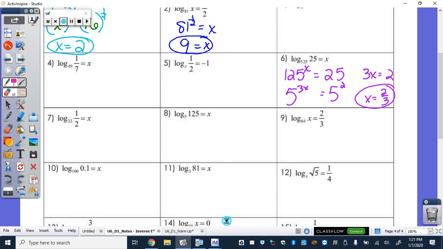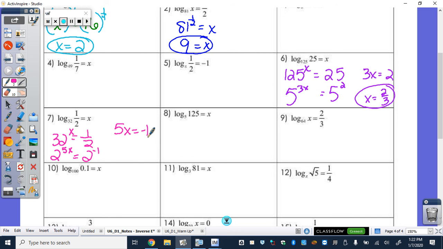What's our base for number 7? 32. Exponent is going to equal 1/2. Again, I have to do change of base. So what do I want to use for 32? 2. 2 to what power is 32? 5th, so 2 to the 5x, because again, x was already there. 2 to what power is 1/2? -1.